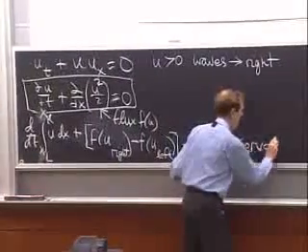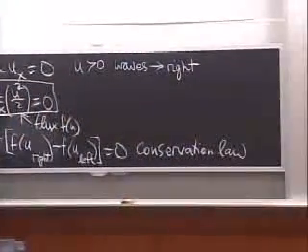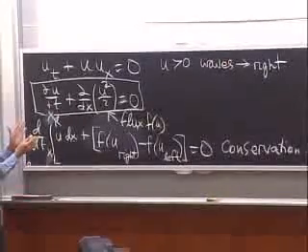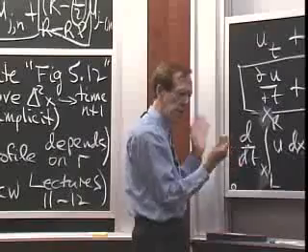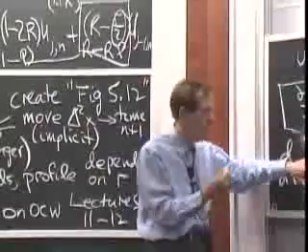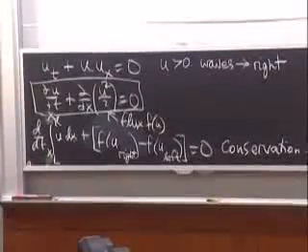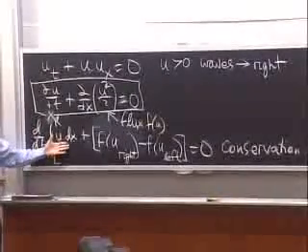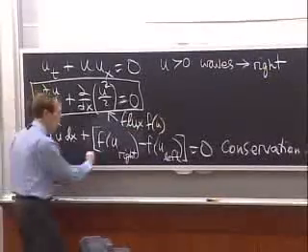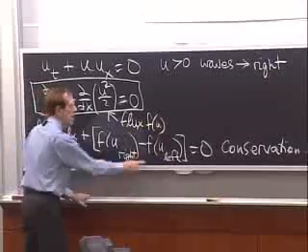What is it saying? It's saying that the change in the quantity in the interval, the rate of change of this integral, happens because there's flow going out the right-hand side of the interval, or there's flow coming in the left side of the interval.